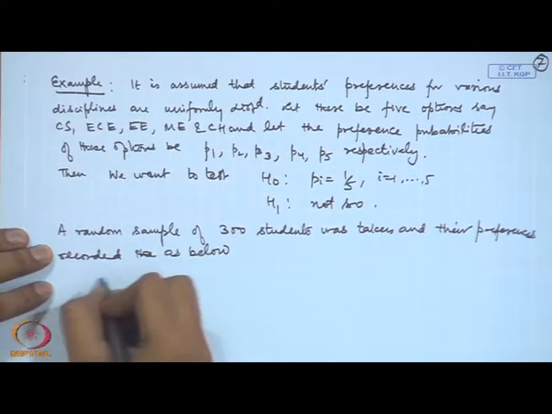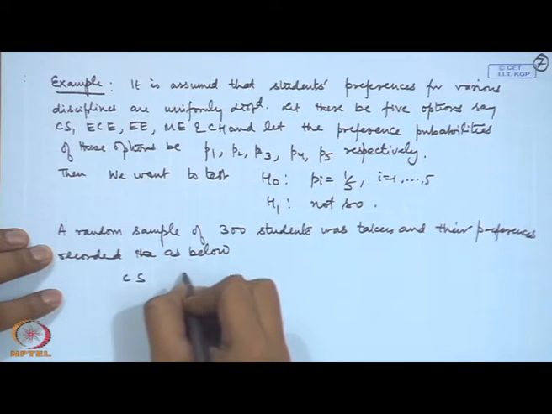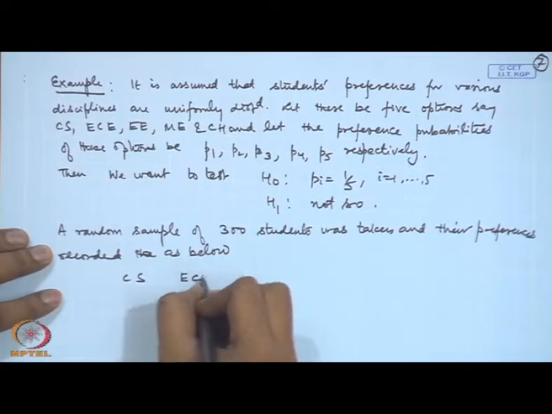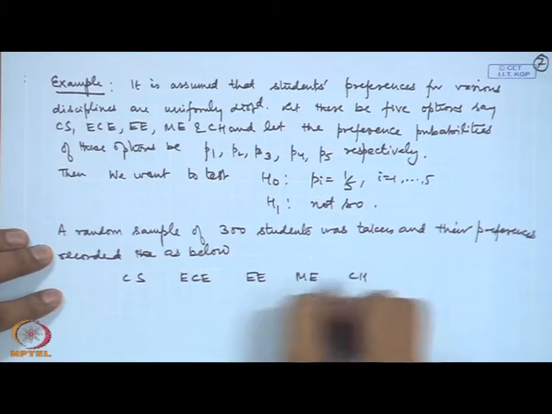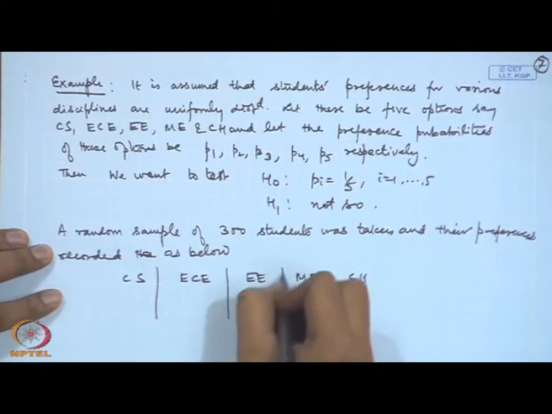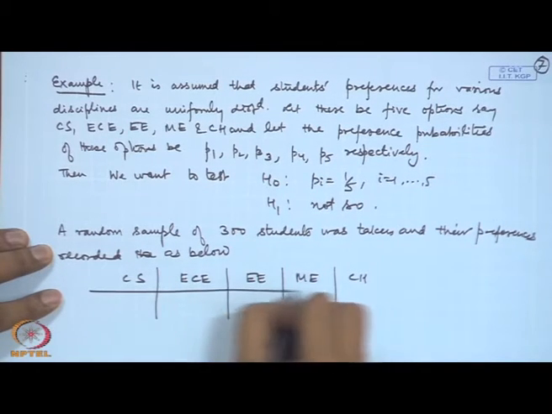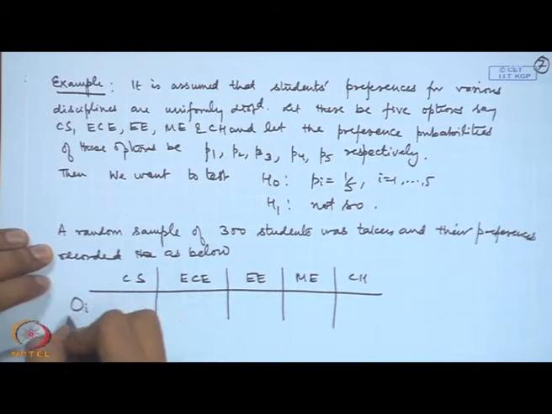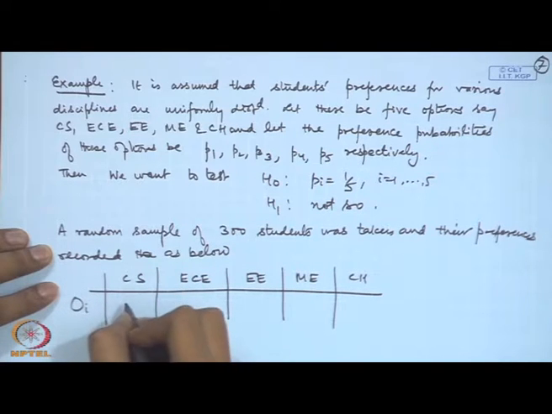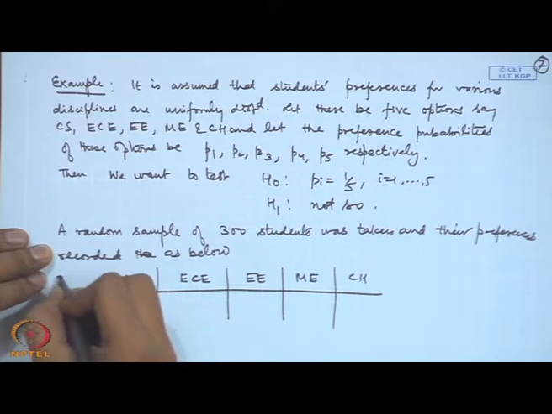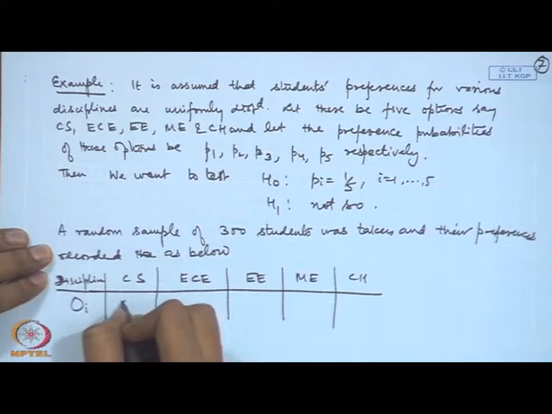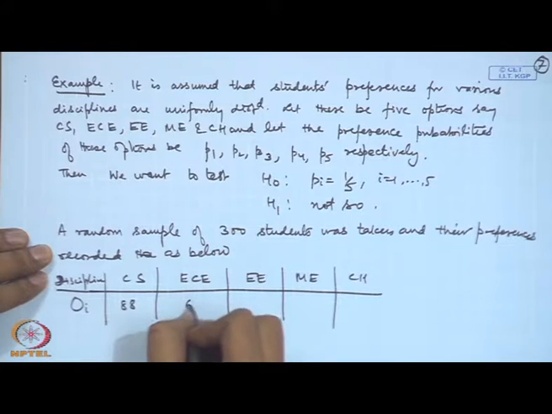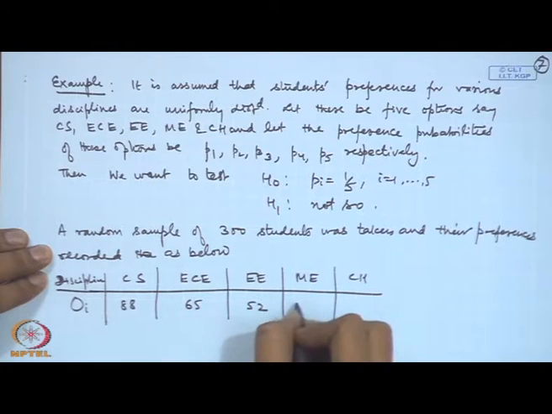So, here we have the branches. And the observed frequency O_i is given by 88, 65, 52, 55 and 40.